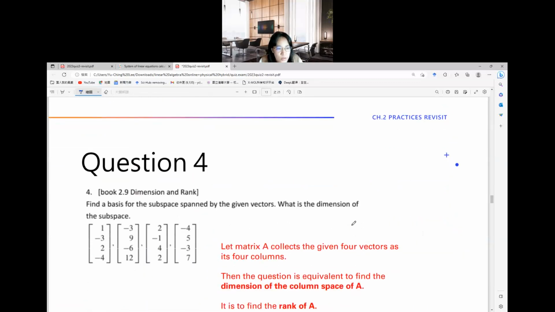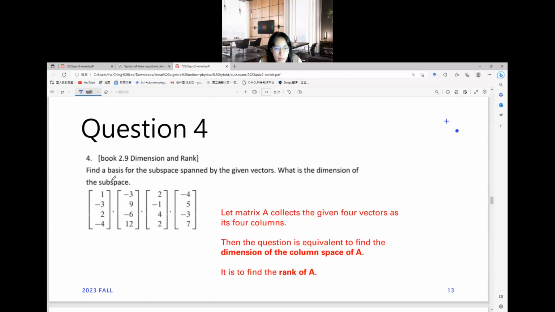For question 4, find the basis for the subspace spanned by the given vectors. What is the dimension of the subspace? So even though it's not directly mentioned, we can let these four vectors be a matrix A. Let matrix A collect the given four vectors as its four columns.